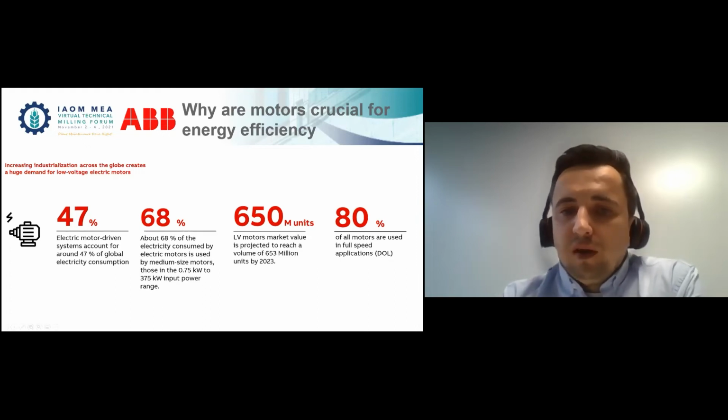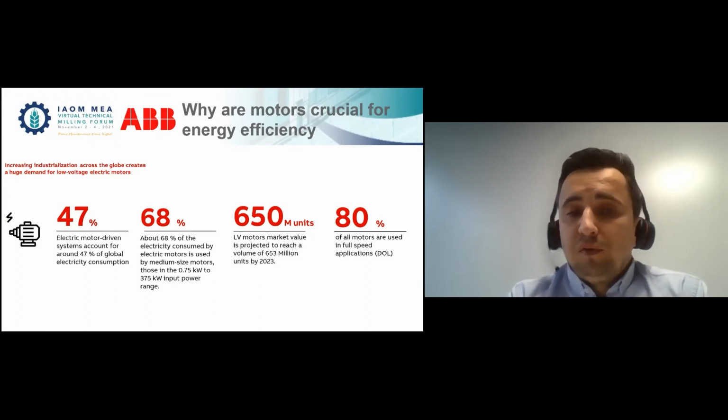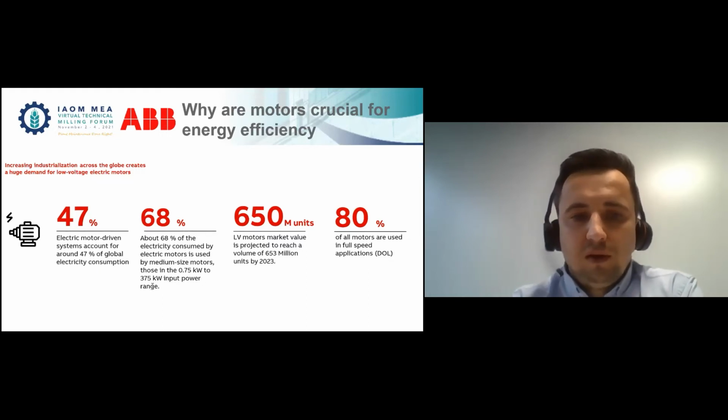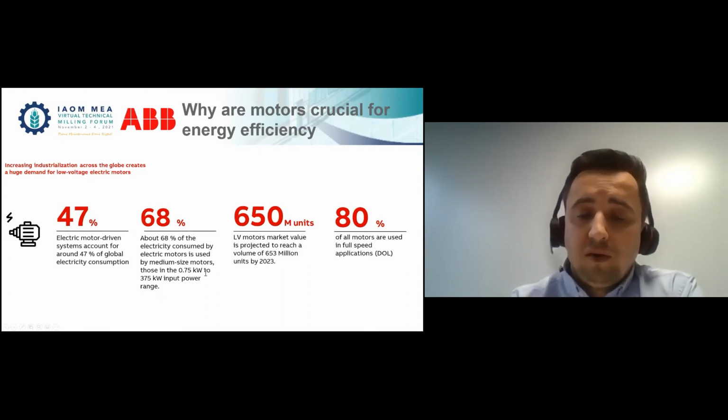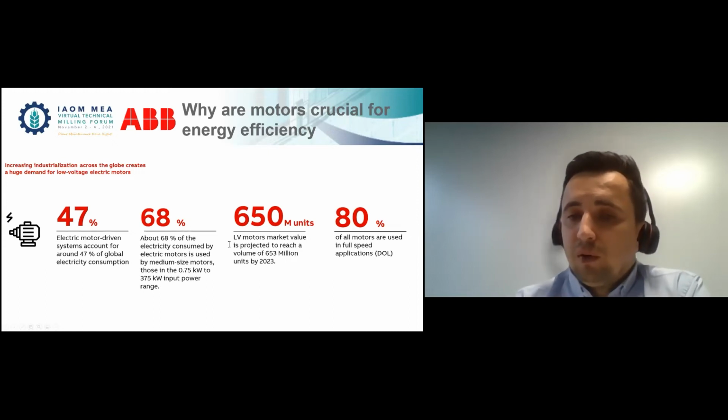These figures are very huge, and this gives us an easy handle to reduce the energy consumption, improve the sustainability, and the overall cost of the production plant. We can see that 86% of the motors are between sizes of 0.75 kilowatt to 375 kilowatt input power, and this is the range for which the whole regulation is designed.